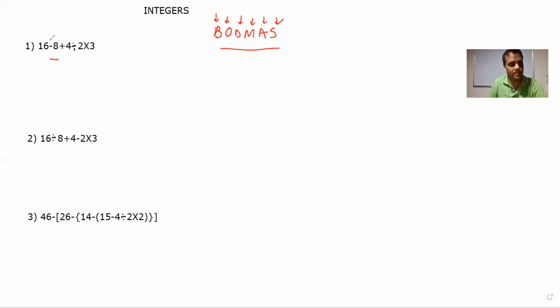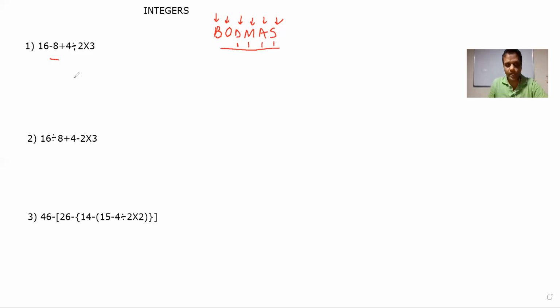For example, in this question, we have minus, plus, division, and multiplication. So first we are going to do division, followed by multiplication, then addition, and the last one we are going to touch is subtraction.